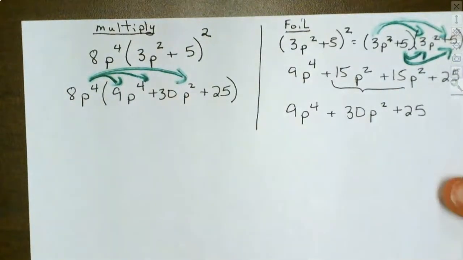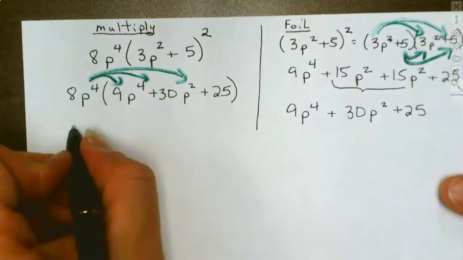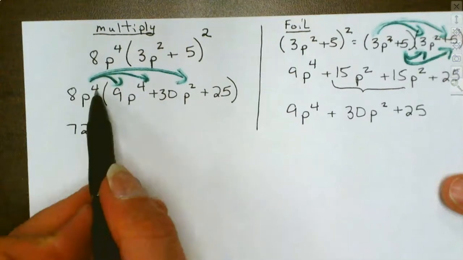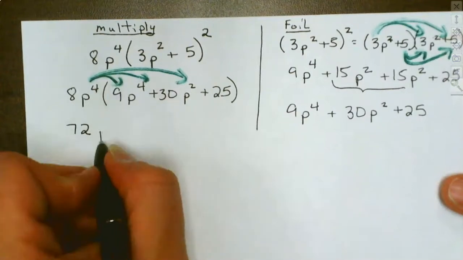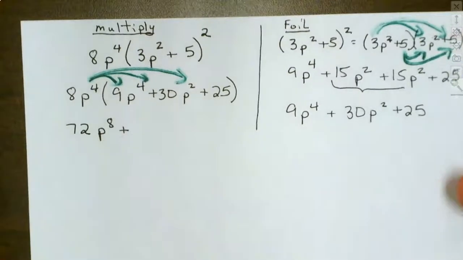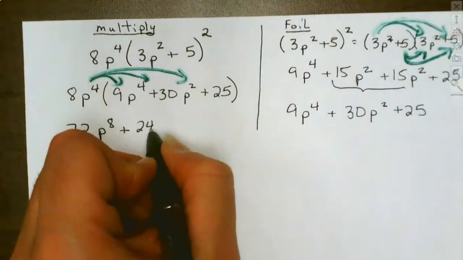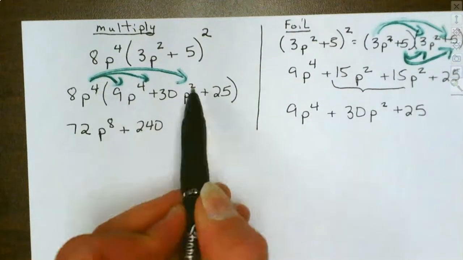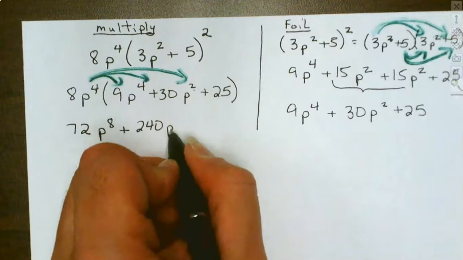And so 8 times 9 is a 72. We've got p to the 4th, and 4 more makes it p to the 8th. And then we've got 8 times 30, and that should be 240. How many p's do we have? 4, and 2 more makes it p to the 6th.